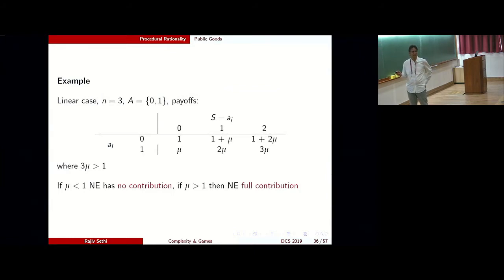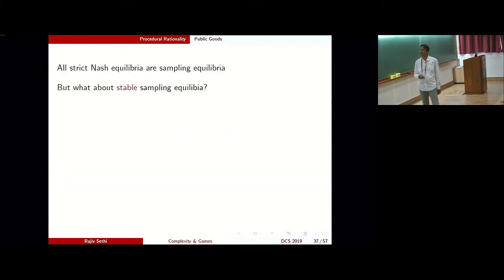That nobody contributes anything, everybody gets payoff 1. Whereas Pareto optimality requires that everybody contributes all their tokens, and then we'll all get 3 mu. For example, if mu is 2/3, then we'll all get 2. If we all contribute, we all get 2; if we all keep, we all get 1. So we can all contribute and actually double our payoffs, but it's not individually rational.